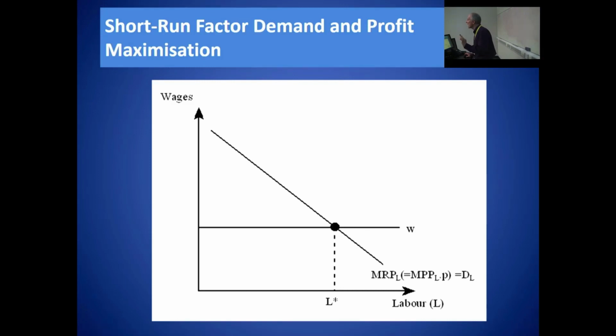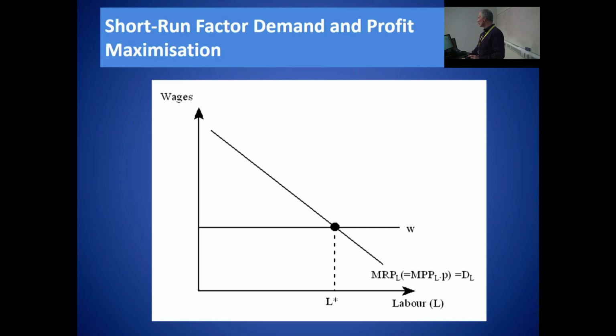But what value of output do these workers produce? That's given by the marginal revenue product, which is less. So for these workers, beyond L star, the value of output they produce is less than the cost of employing them. And hence, it isn't profitable to employ these workers. And so the firm doesn't bother. It will only employ workers up until that point of L star, where the wage is equated with the marginal revenue product of labour. So that then is the short run.